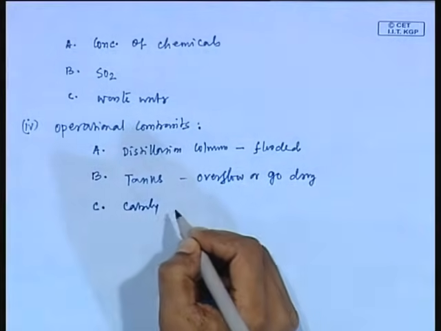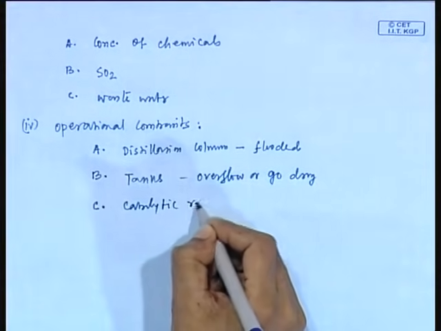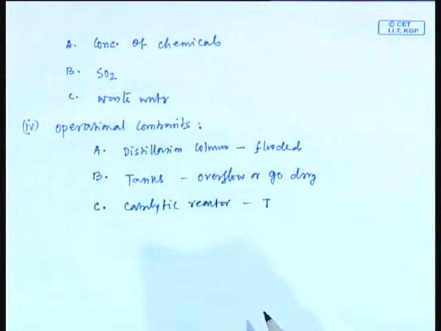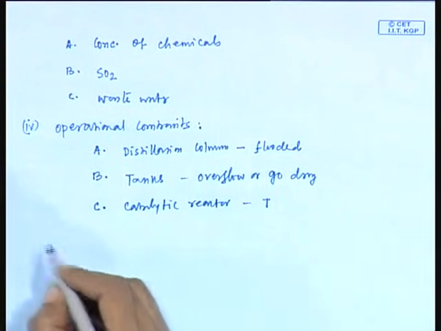If we consider a catalytic reactor, the temperature should not exceed the upper limit, because if the temperature is higher than the upper limit, the catalyst may be destroyed. So, this is all about the operational constraints.